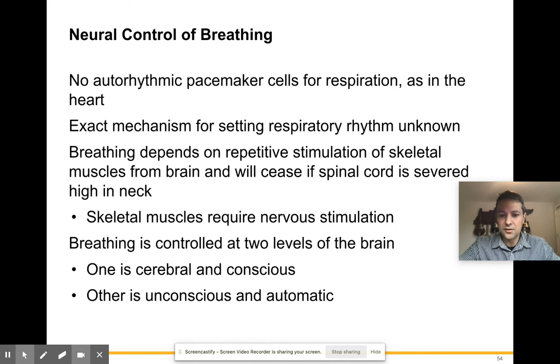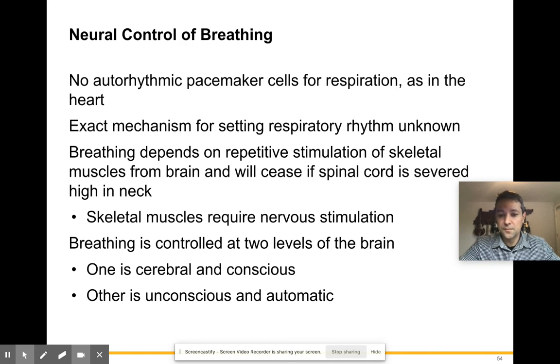So breathing depends on this repetitive stimulation of skeletal muscles, and the brain is controlling that, right? So the brain controls the diaphragm, the brain controls the muscles of the rib cage and things like that. And all of those electrical impulses come from the brain down the spinal cord into the peripheral nerves, into the muscles that they control.